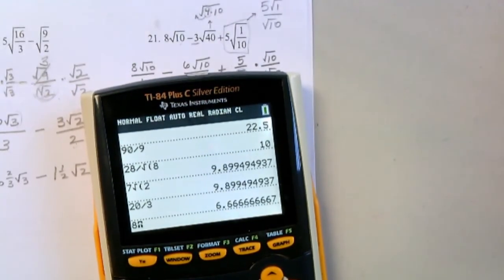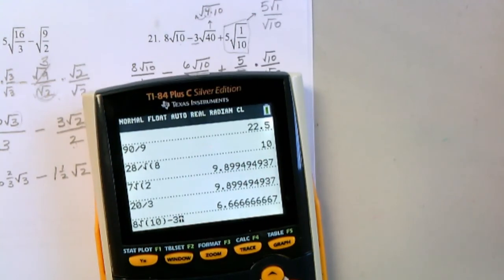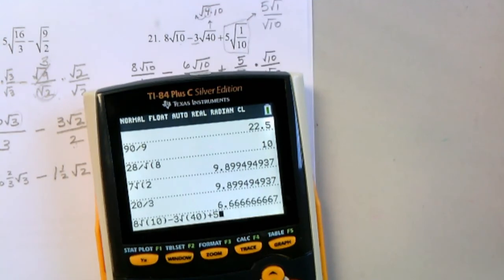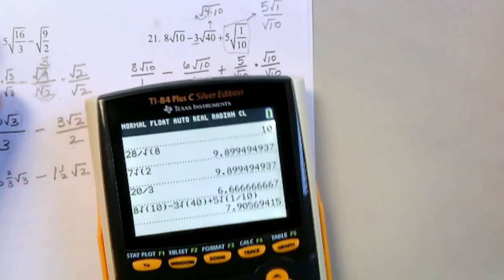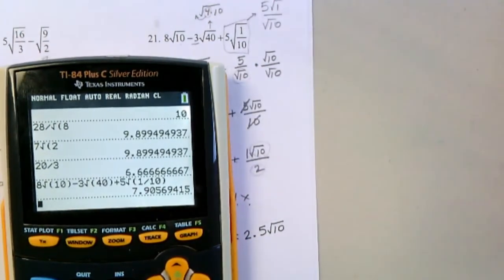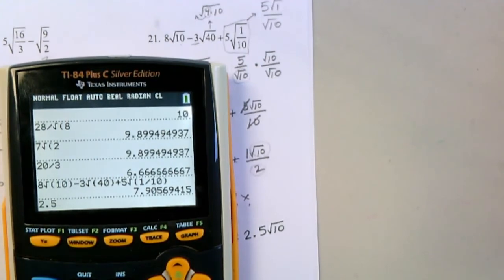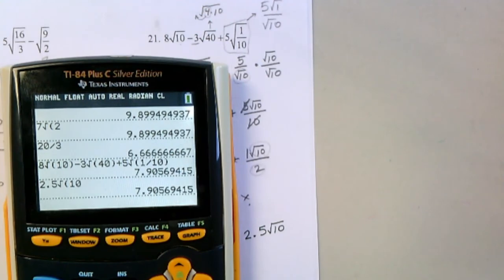So 8 radical 10, make sure I close off my parentheses, minus 3 radical 40, close off my parentheses, plus 5, square root, I got 1 divided by 10. I think that's how I would put that in there, 1/10. Okay, let's see what that is. 7.90569. Now, simplified form, 2.5 radical 10. Cross your fingers. Boom. Same answer.